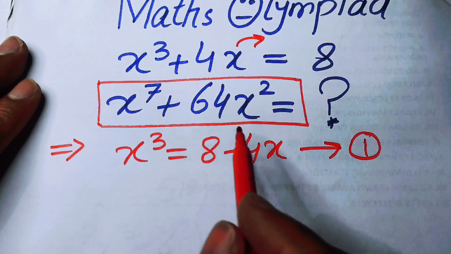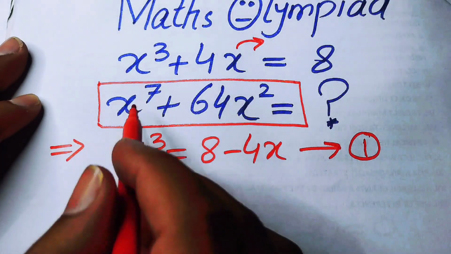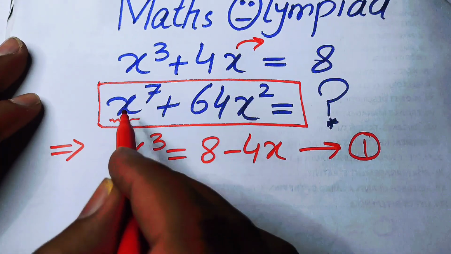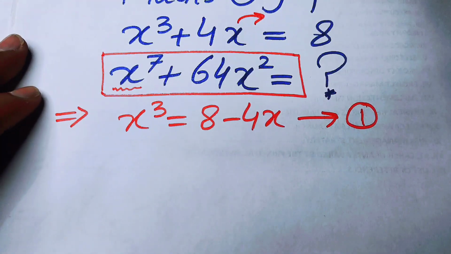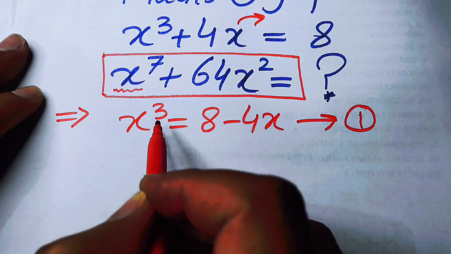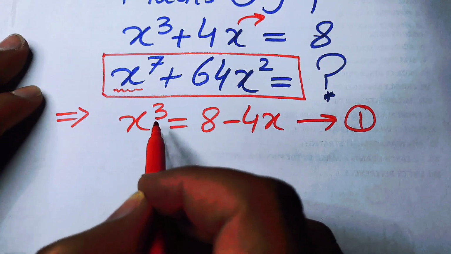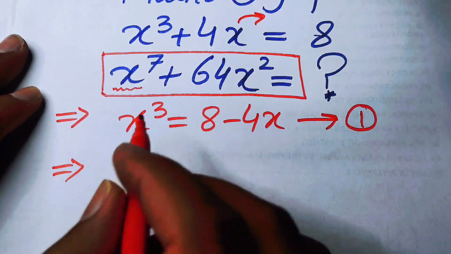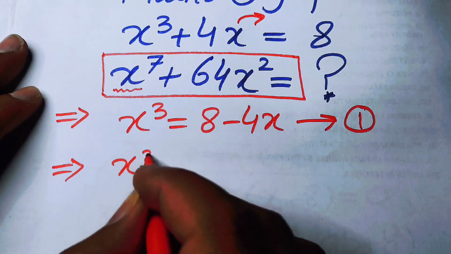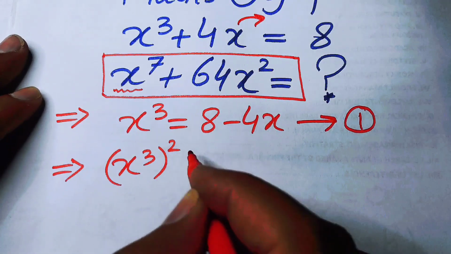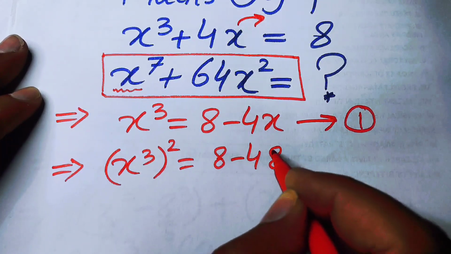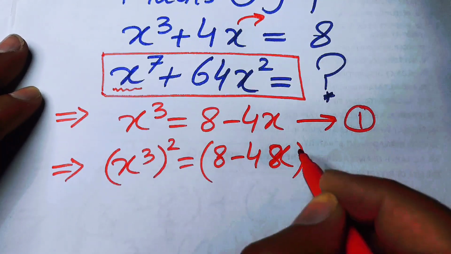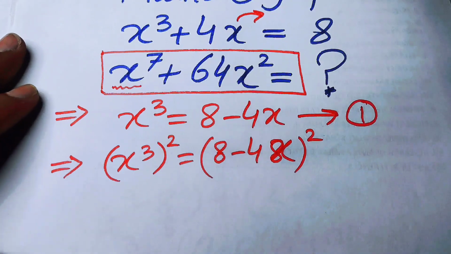In order to find the value of this expression, first I will make this term, which is x to the power of 7. In order to make this exponent 7, first I will take the square on both of the sides. So it becomes x cubed squared equals 8 minus 4x whole squared.